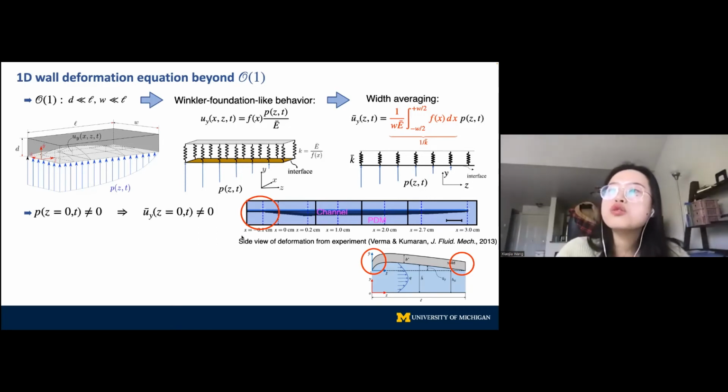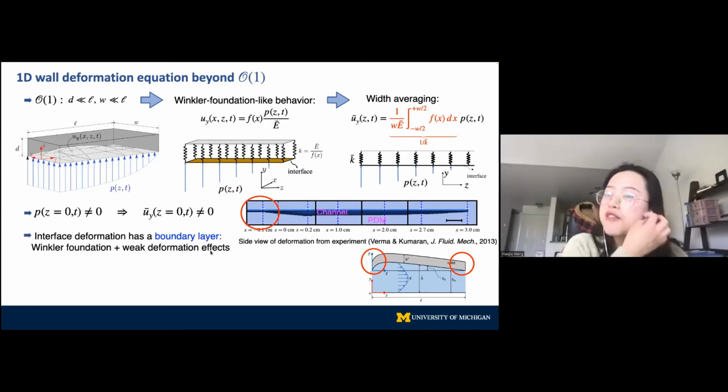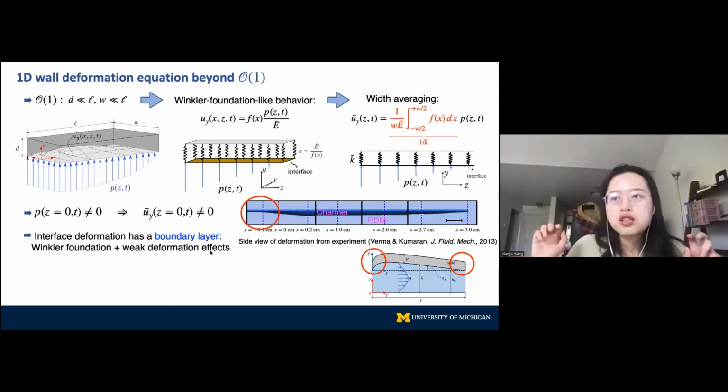Then what do we do to make our 1D system satisfy this kind of boundary constraints? Well, we think of the interface displacement problem like a boundary layer problem, while the Winkler foundation like behavior is like an outer solution, weak and dominant in the system. We can consider some other weak deformation effects.